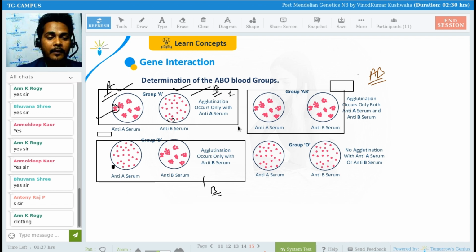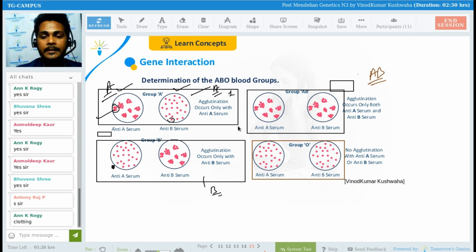And in case of blood group O, you can see here there is no agglutination with anti-serum A or anti-serum B. So can we say that this is blood group O?